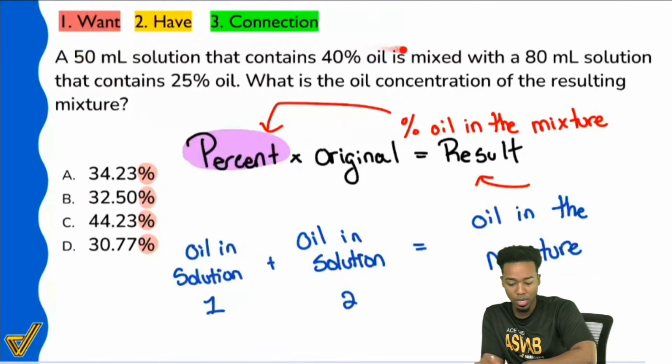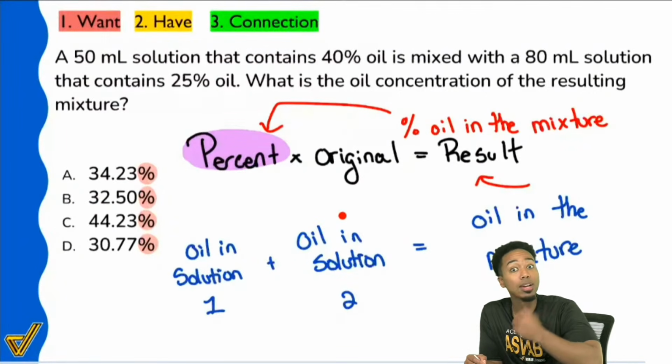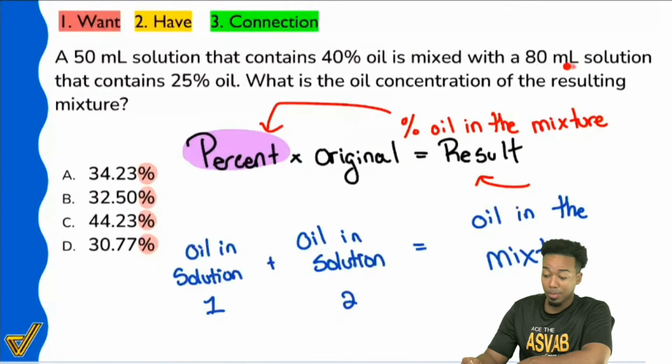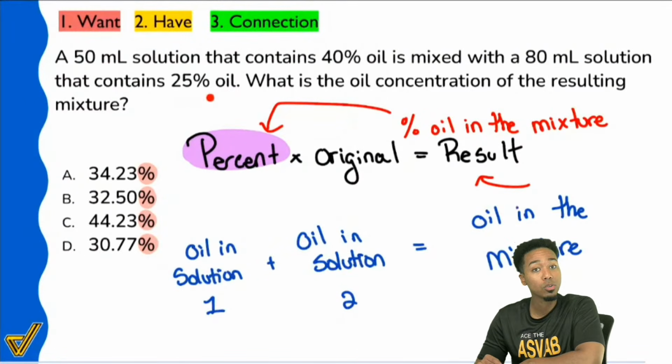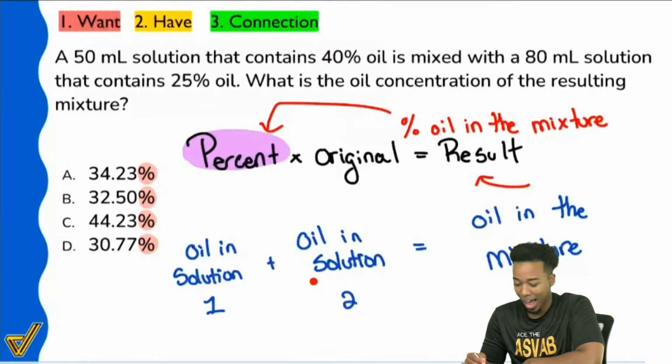Couldn't we use the 50 milliliters, 40% of the 50 is oil? Yeah, we could do that to find the amount of oil in solution 1. How about with solution 2? Same idea. Right here, 80 milliliters contains 25% oil, so that's 25% of 80. I can plug that in right there to find out the amount of oil too.